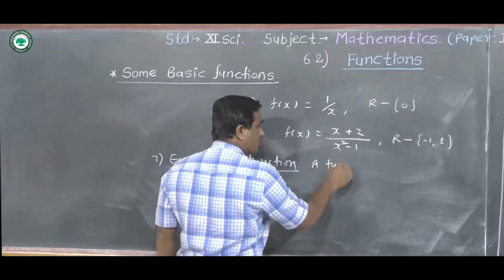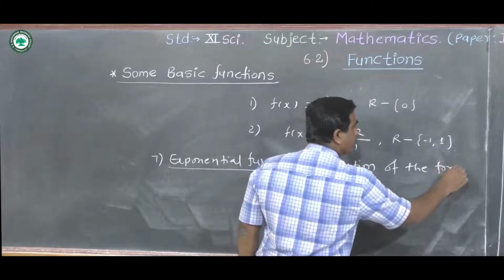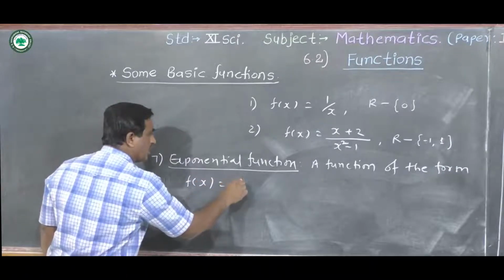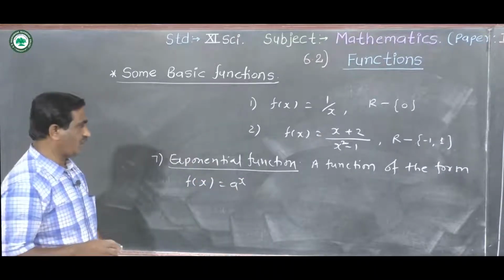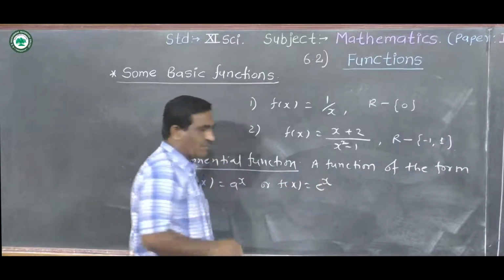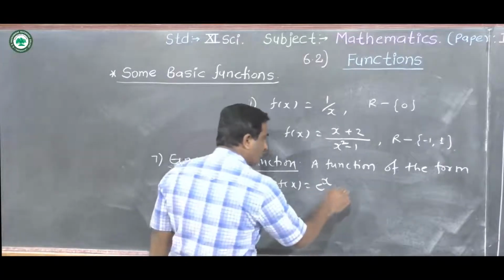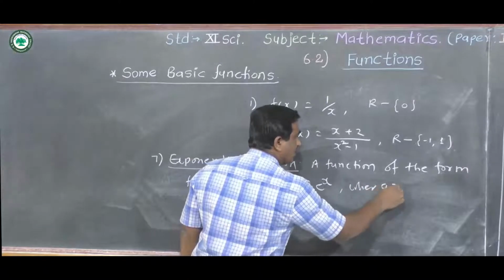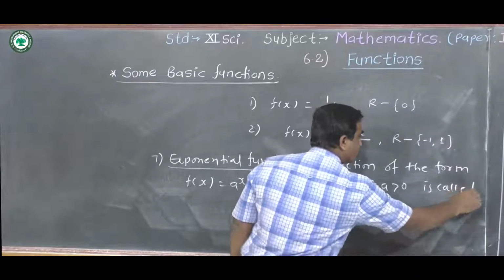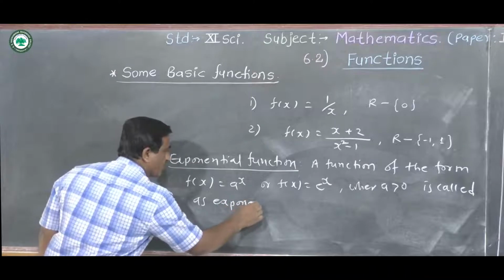Definition: a function of the form f of x is equal to a raised to x or f of x is equal to e raised to x, where a is greater than 0, is called an exponential function.